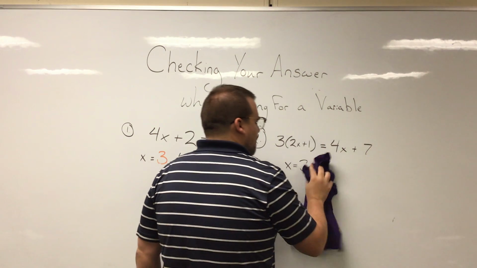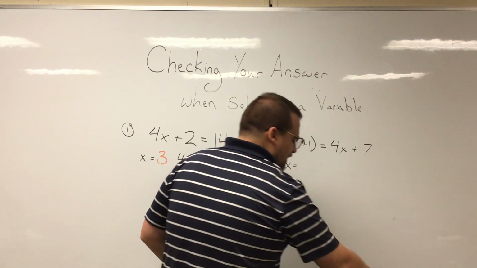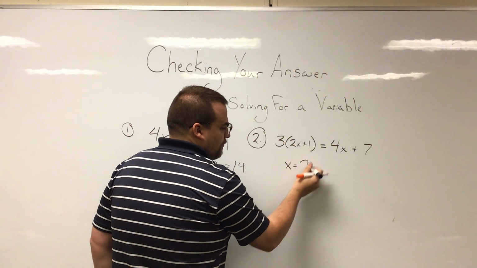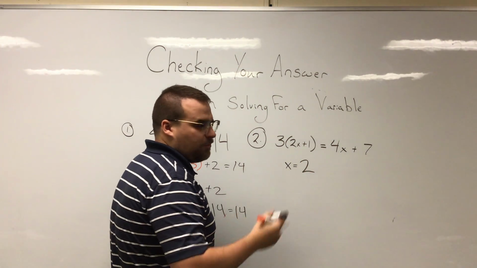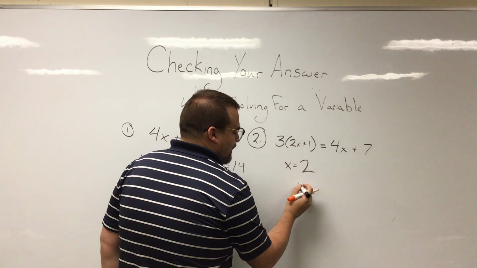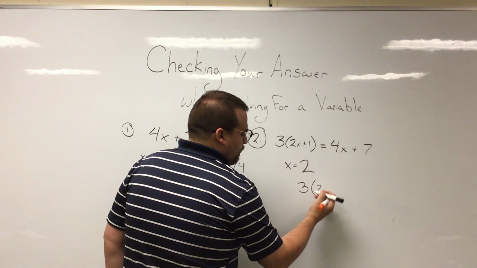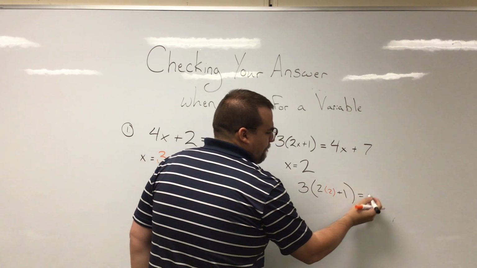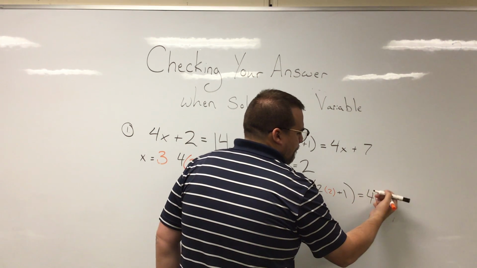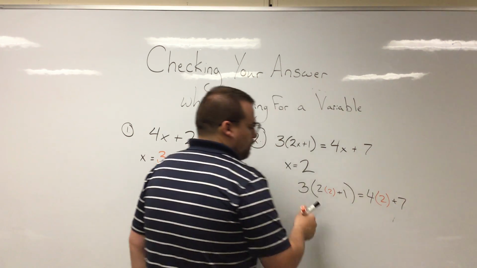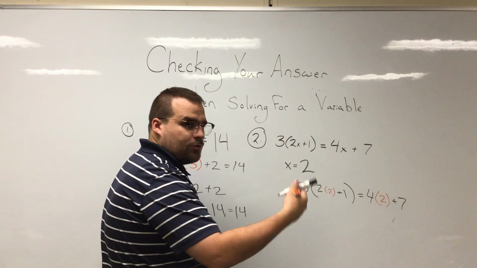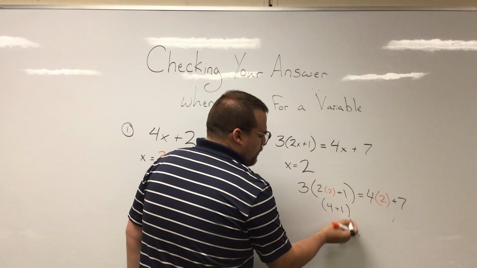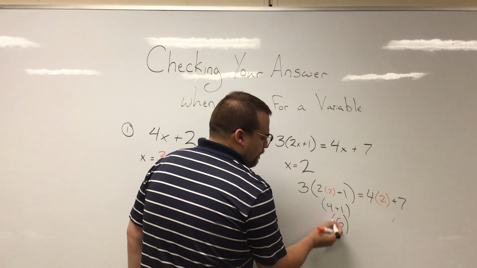So let's say we went back, we tried again, found a little mistake somewhere, and we said, okay, let's try out 2 for x. That's what we got. If we plug that in, then let's see what we get. Again, we want to use our order of operations. So 2 times 2 is 4, and 4 plus 1 gets us 5.